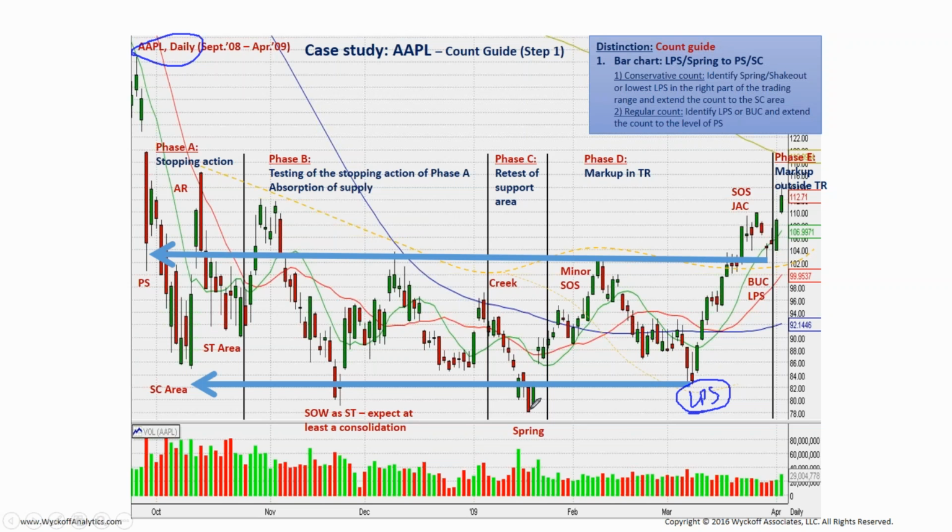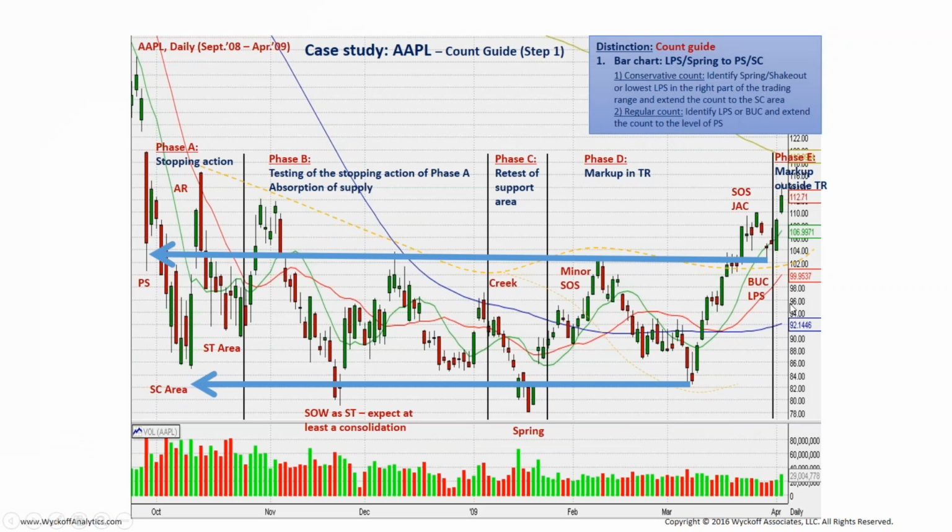It happens after this sprint in phase D, and going from right to left, we would take the count from this point on the point and figure chart, and go across the whole area of the consolidation into the climactic action.